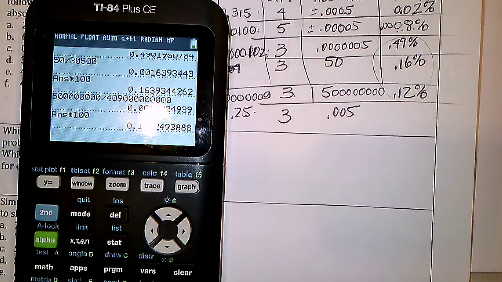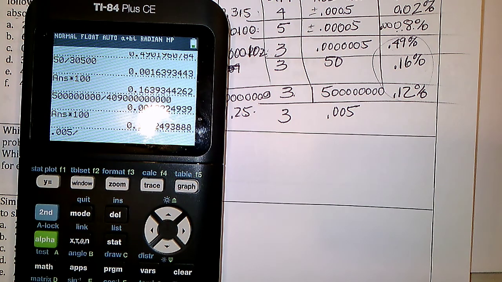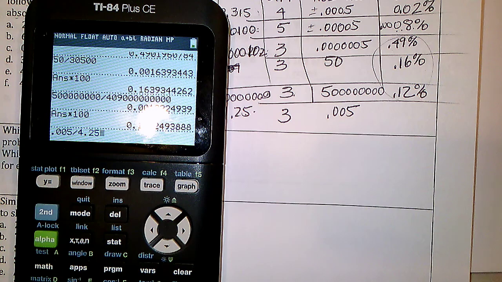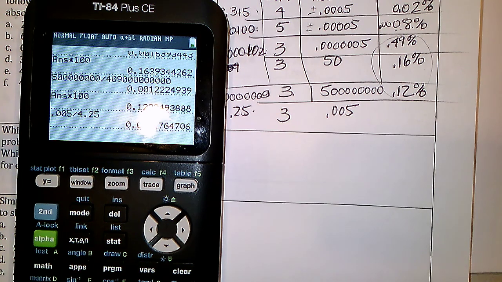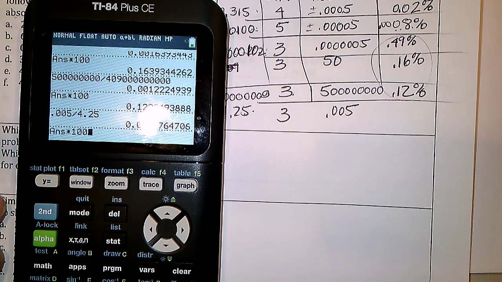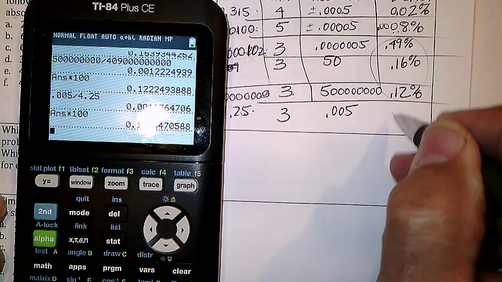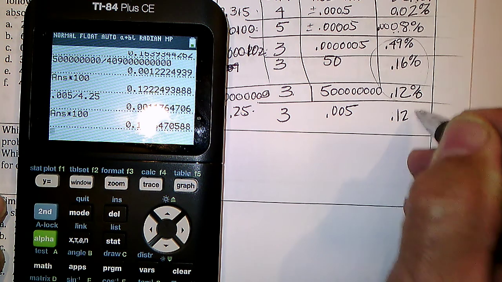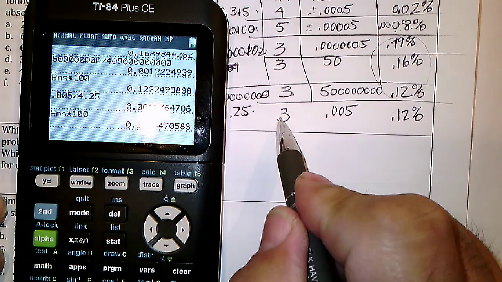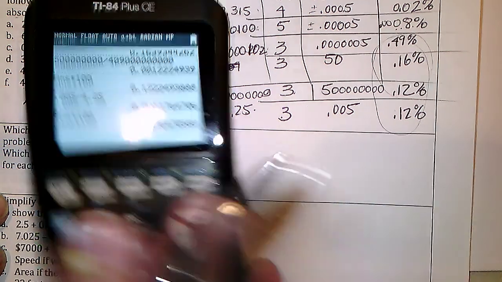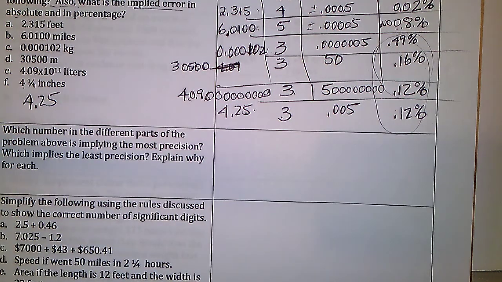And so we'd go 0.005 divided by 4.25 times 100, and that's 0.12% error. 3 significant digits, still roughly the same size.